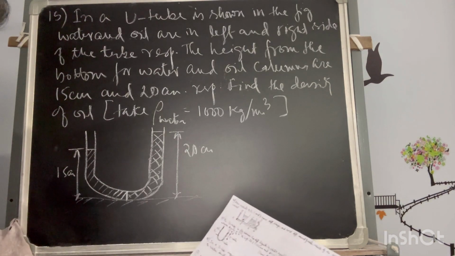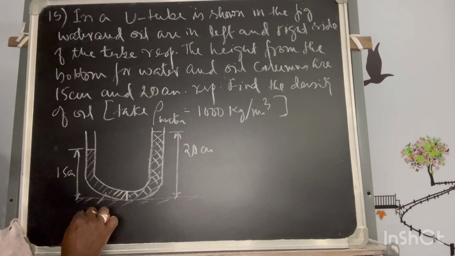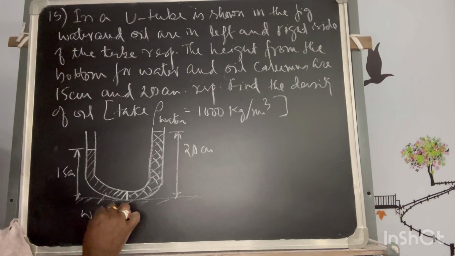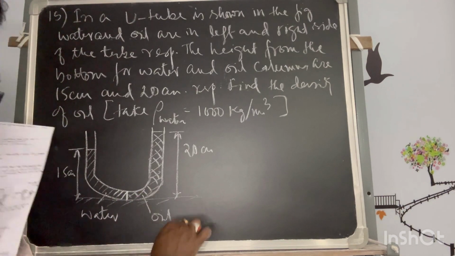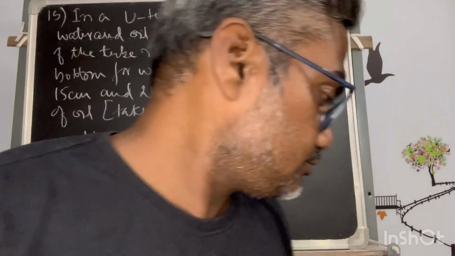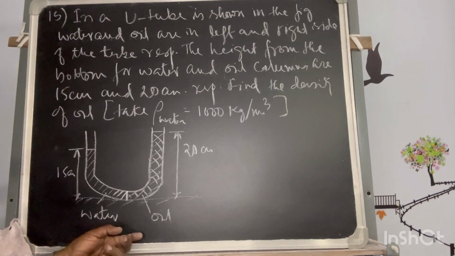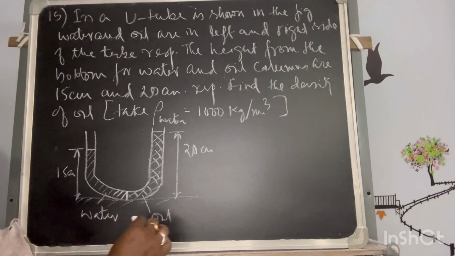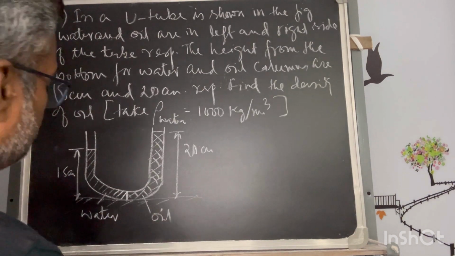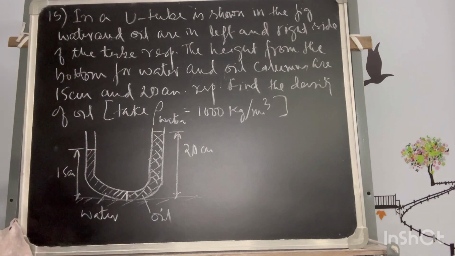So this is the drawing. This side is water, this is oil. These liquids are immiscible because the density of oil is less than water, so they will not mix. As density is less, it has a higher length of the column.